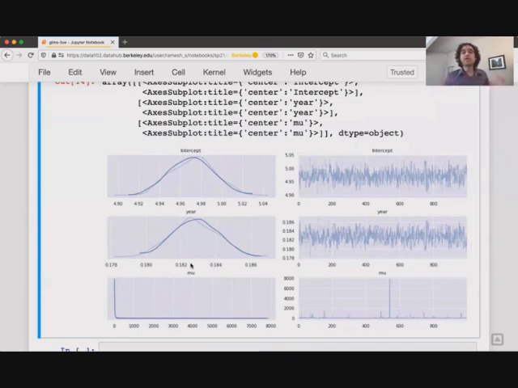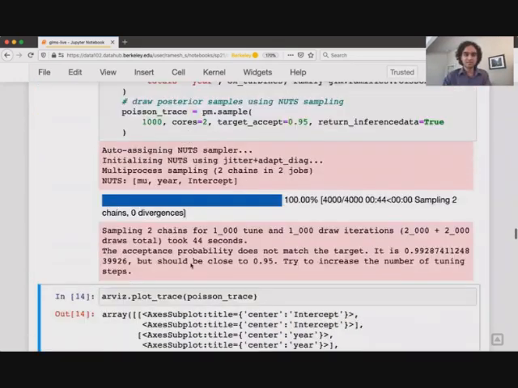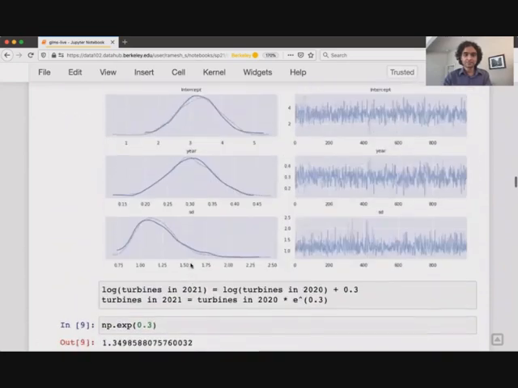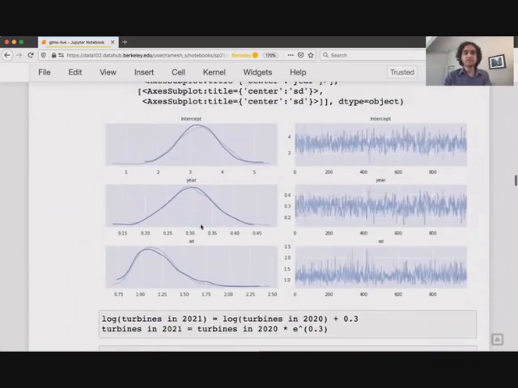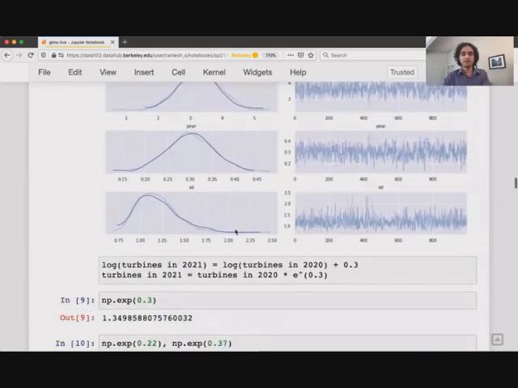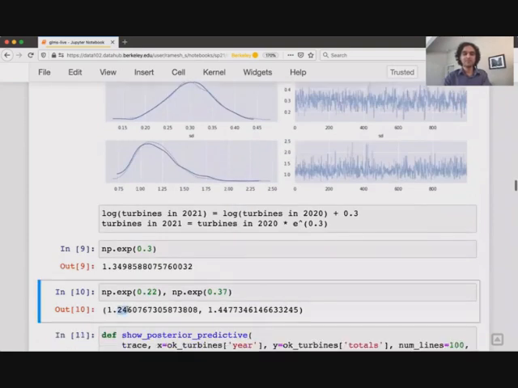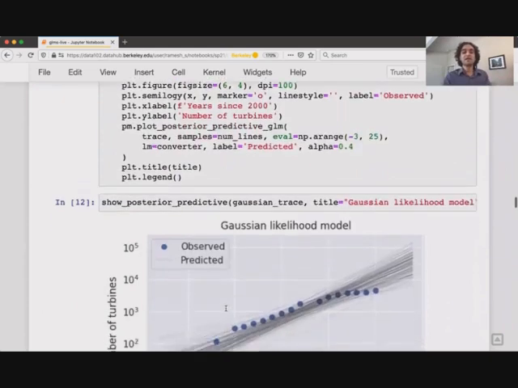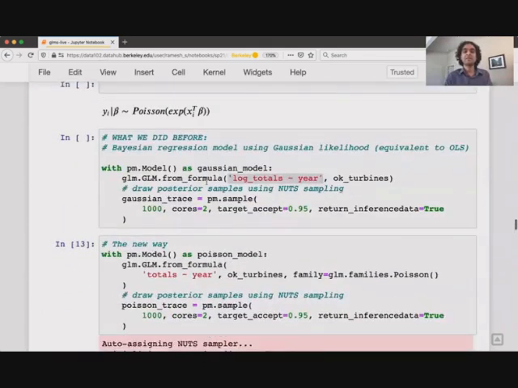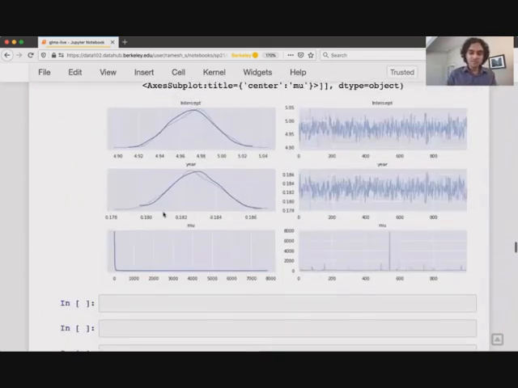Remember before, I'm going to scroll back up to the previous output. This went from like 0.2 to 0.4, which corresponded to like a 25% to 45% increase. Huge spread. Now here, the range of possible values is really, really small.